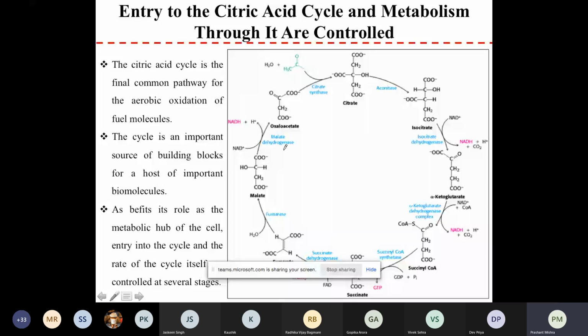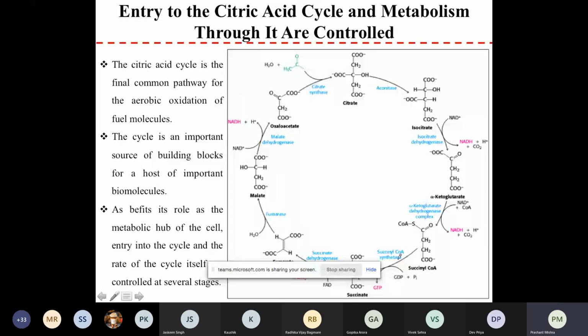One step is where, instead of NADH, one molecule of FADH is produced. And also you find that there is one step here where you get one GTP molecule, which is equivalent to one ATP molecule. So what you have learned is that there are three stages where NADH is produced, one place where FADH2 is produced, and one molecule of GTP is produced.